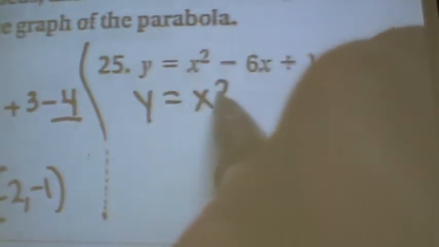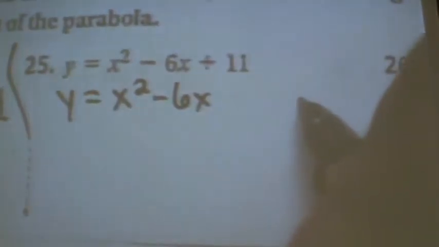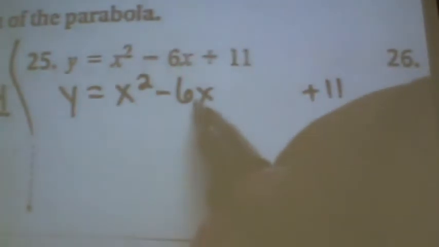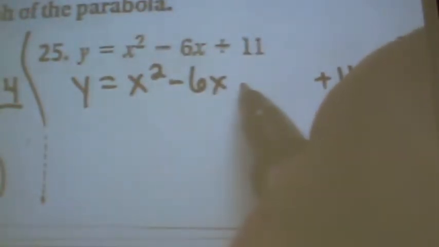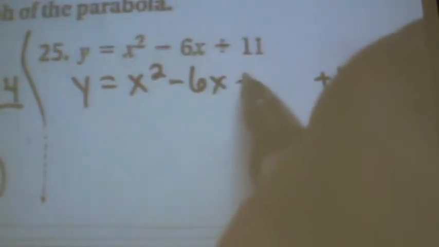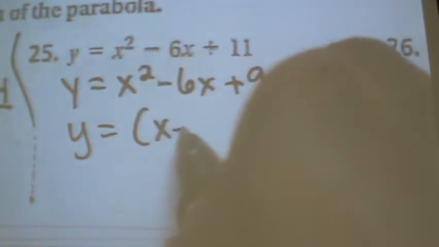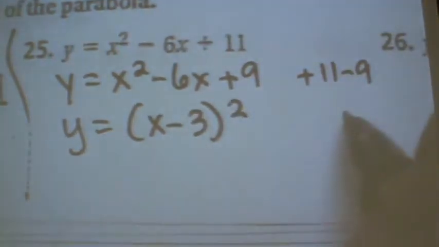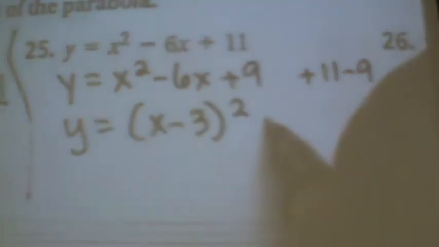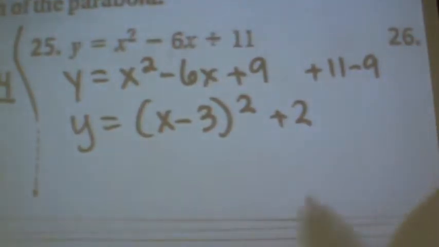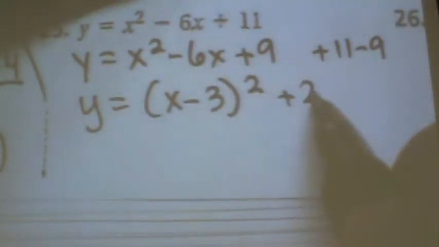Move it over. What's half of negative 6? Square it. You're going to add 9, but take it away. Factor. What's 11 minus 9? 2. What's your vertex? 3, negative 2.